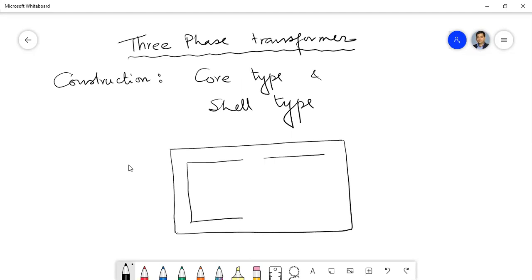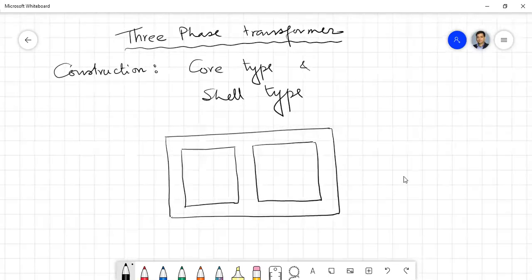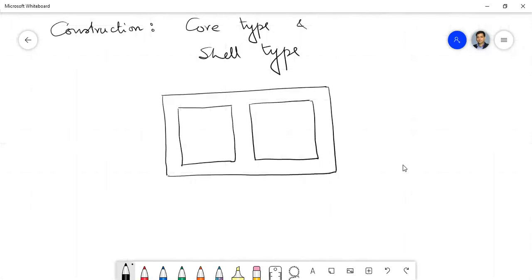The core is similar to the core type single phase transformer, but the one I am drawing is three phase. Three limb core type transformer.